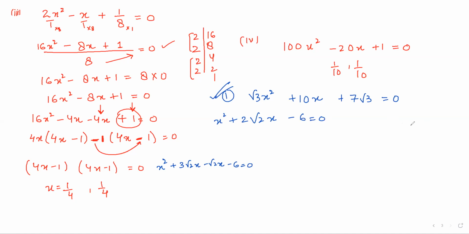So 6 was 2 into 3, right? So I have broken this like this. Now because I have an under root 2 kind of term here, I'm further breaking it into under root 2 into under root 2 into 3, right? So I'm taking a combination of under root 2 and 3 under root 2. Is that okay? These two together and this. So I have written it like this, okay?